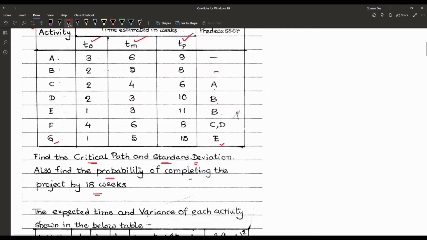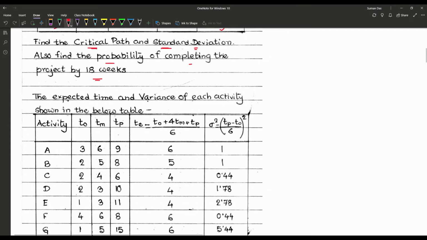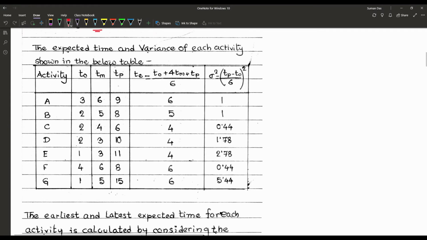From the table, we know the values of To, Tm and Tp for each activity. According to that, we compute the expected time, represented by Te, and the variance, sigma square.